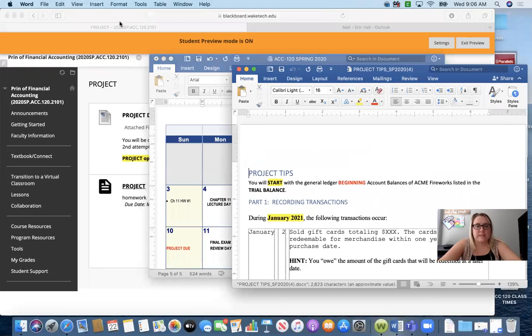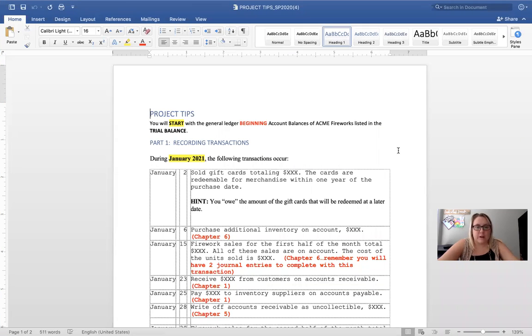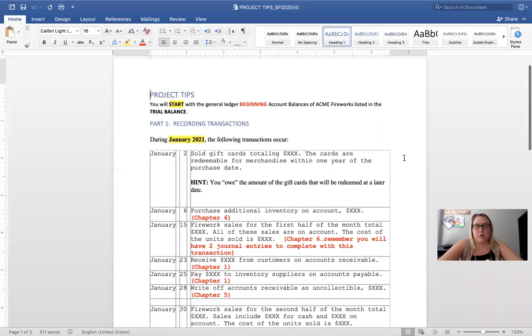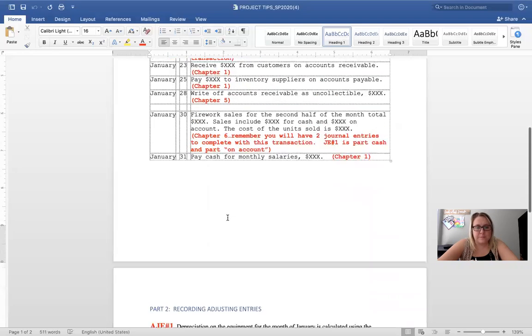But this project tips document kind of gives you information on everybody. So it tells you, you're going to start with the beginning ledger balance of the account balances, record the transactions, and you'll see those XXs because the numbers are different. But it gives you some ideas of how to record the transactions and what chapter to find them all in.